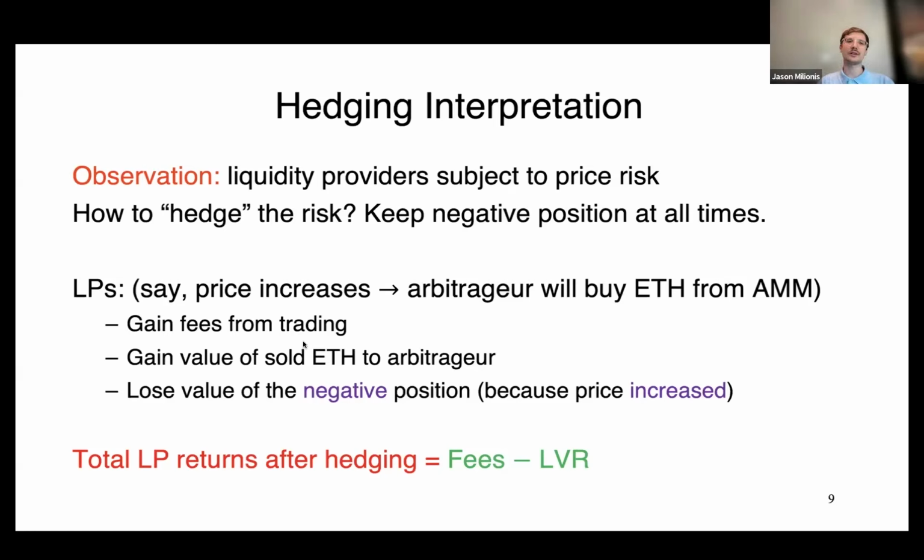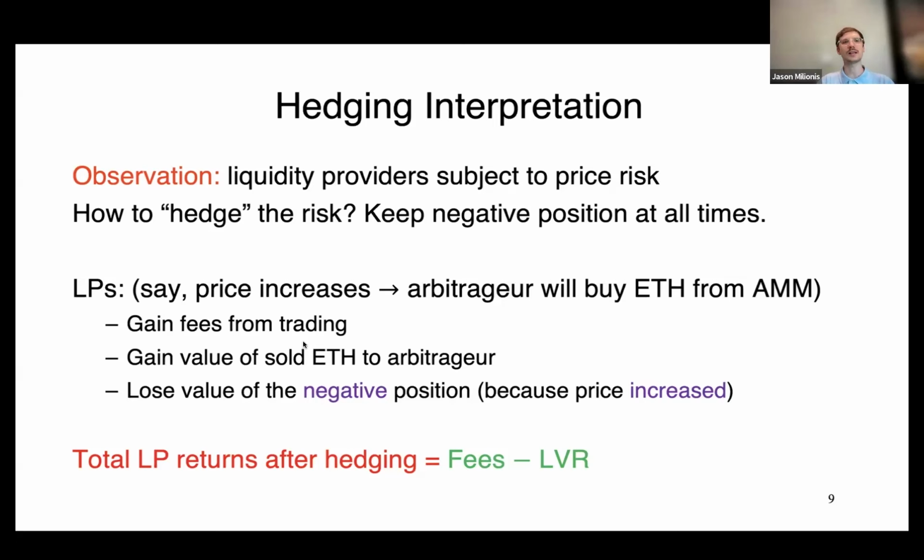The liquidity provider would also gain the value of the Ethereum that got sold to the arbitrageur at the pool prices. Since the rule of the AMM determines how much US dollars goes back into the pool, this is the value that the liquidity provider will gain from selling this ETH to the arbitrageur.